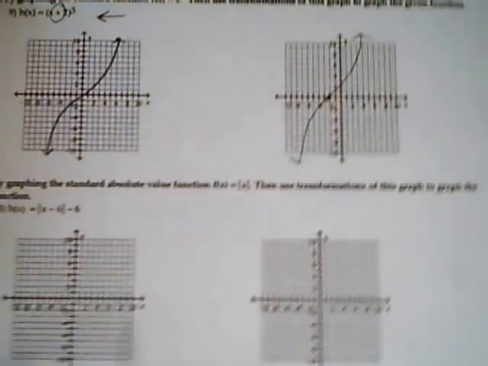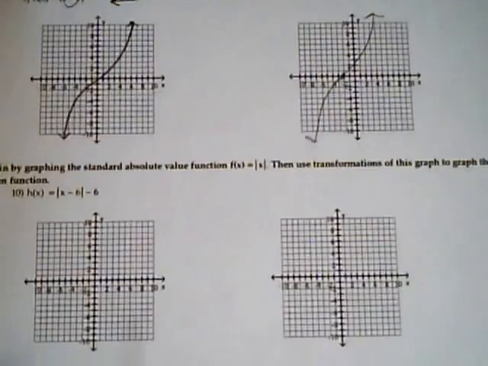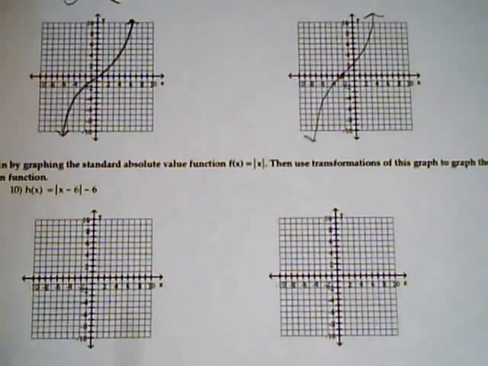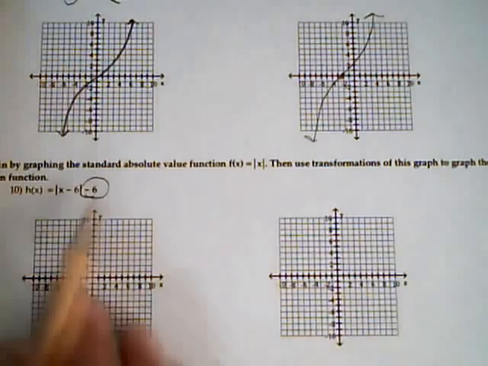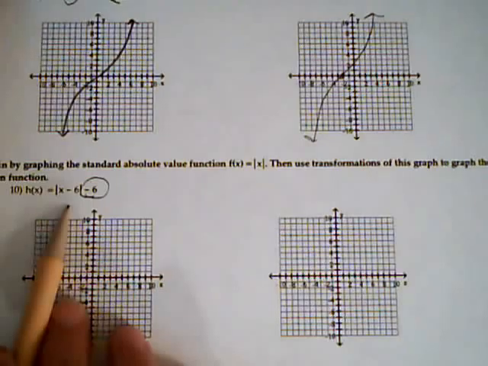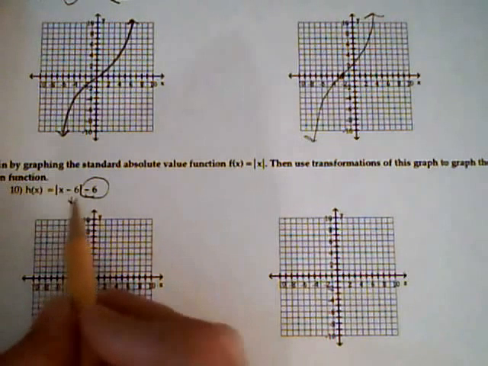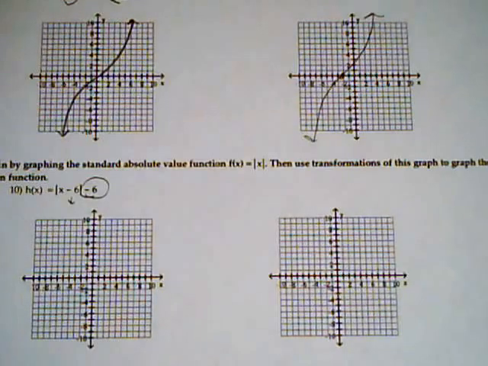Number 10 actually has a vertical and a horizontal shift. Okay, you'll have something like this on your homework also. We have a constant, this negative 6, that's being added to the function. See, it's outside of the absolute value bars. And then we have a negative 6 that's inside the absolute value bars.